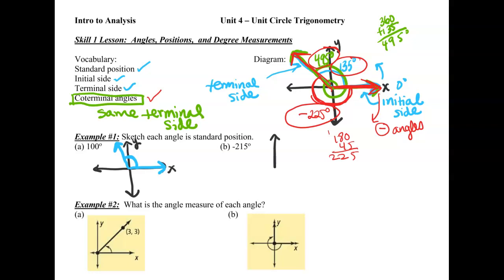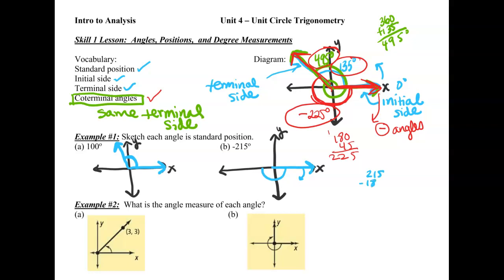For part B of this, the negative 215 degrees, again, I'm going to give myself a coordinate plane since I'm drawing the angle in standard position and my initial side. And I'll notice that this one's negative, so I know I want to go in the clockwise direction, and 215 degrees is, let's see, I know that this much is 180, and then I want to go how much more than 180?